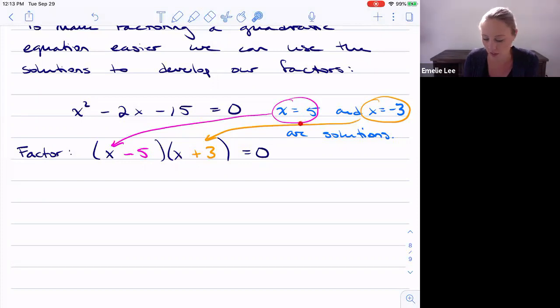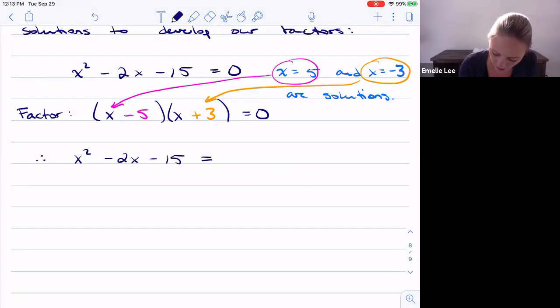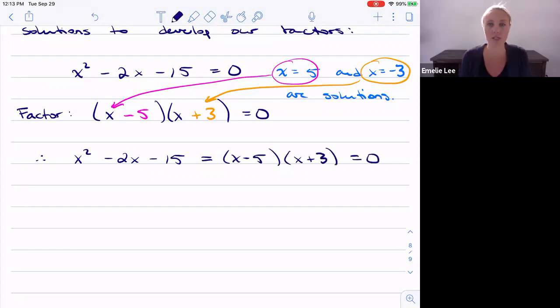So these are still solutions, and we use those solutions to create our factors, right? Therefore, we can say that x squared minus 2x minus 15 should equal x minus 5 times x plus 3, and all of them should equal 0.